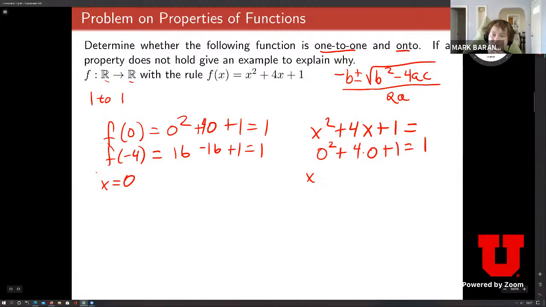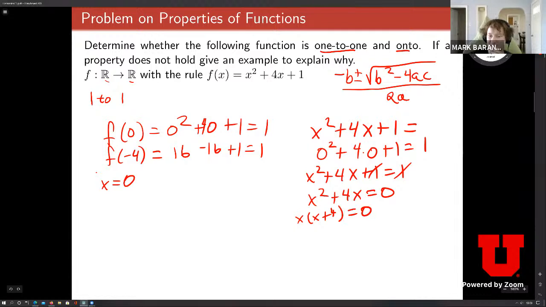So we take x squared plus 4x plus 1 equals 1, and subtract 1 from both sides. I get x squared plus 4x equals 0. And then we can factor out an x. We get x times x plus 4 equals 0.